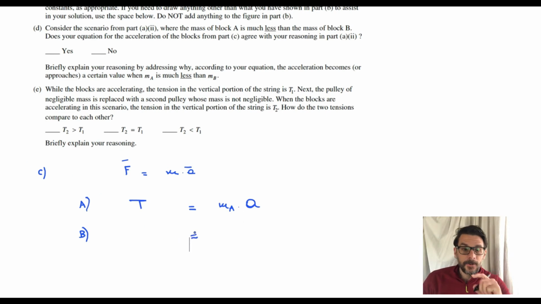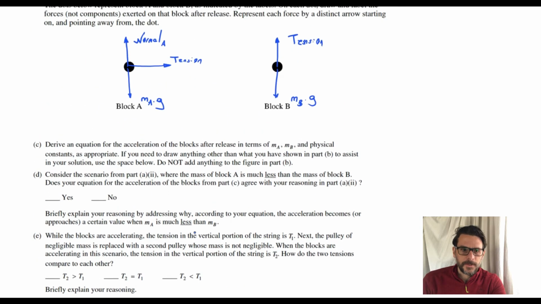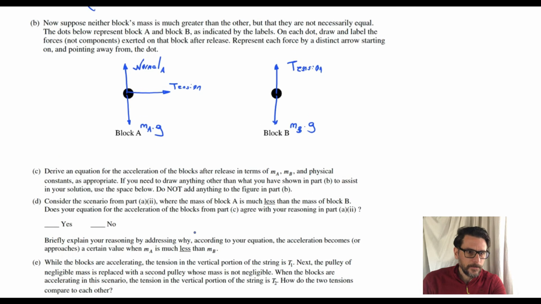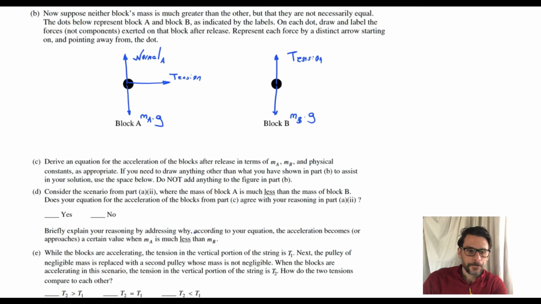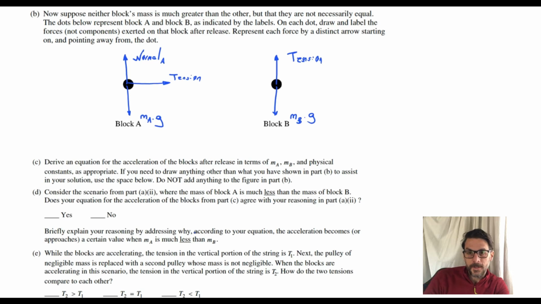A similar but not identical argument can be used for the tension. We were told during this problem that the pulley was frictionless and massless, types of pulleys which do not exist in the real world, but only live within the physics problem universe. That type of pulley, since it has no mass and has no friction, does not need a net torque to start moving.